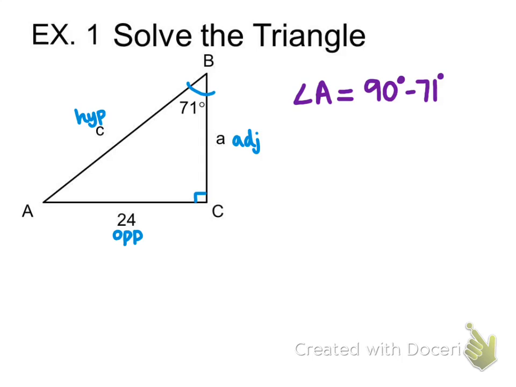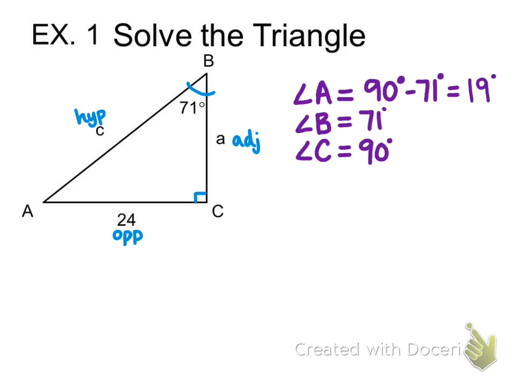So we take 90 and subtract angle B, which is 71, and we get 19 degrees for angle A. They gave us angle B was 71 and angle C was a 90 degree angle, so I have all three angles.